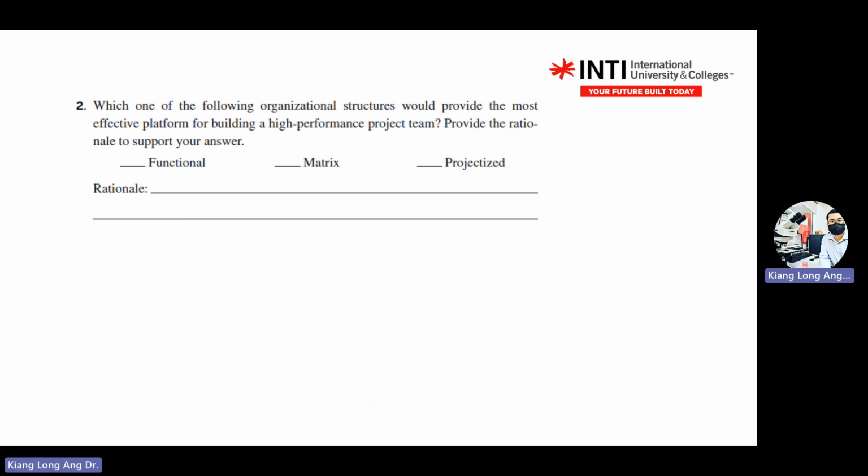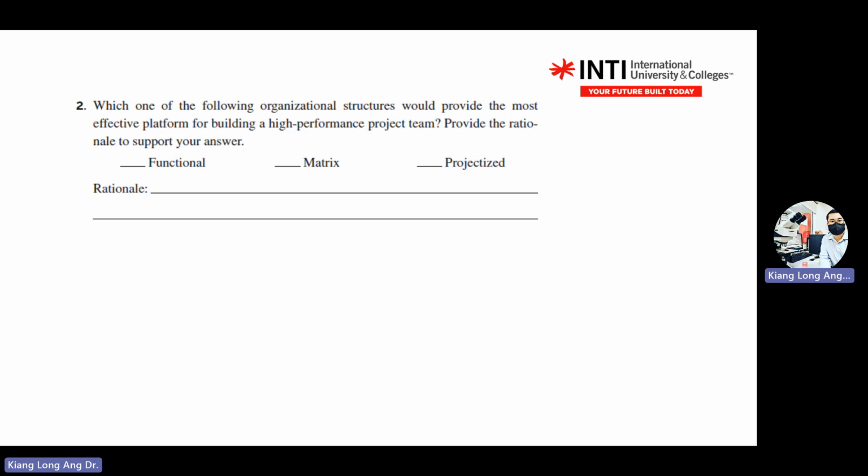The key in the question is building a high performance project team. So between these three, the project organization chart is the most suitable. This one is the pure projects organization chart.